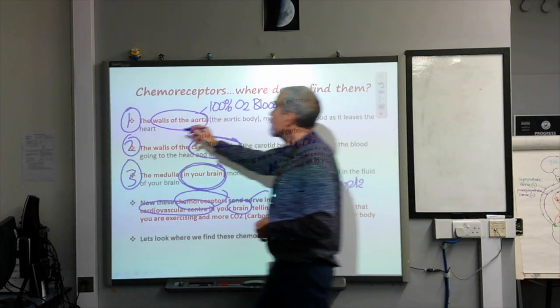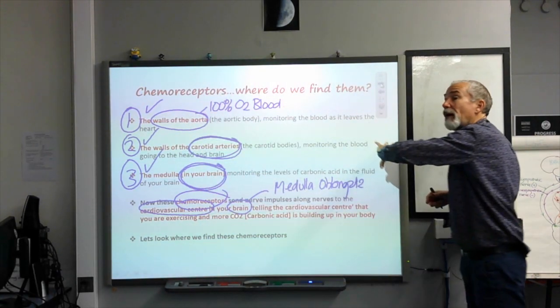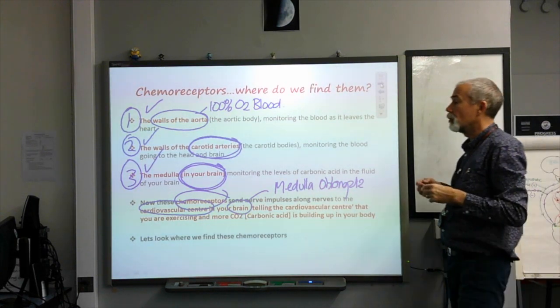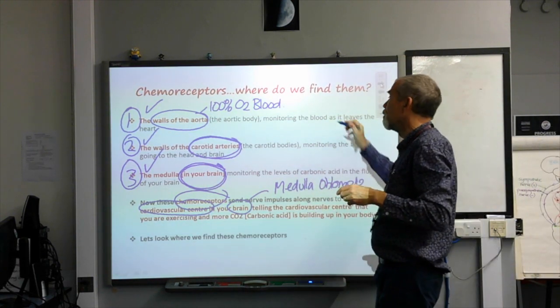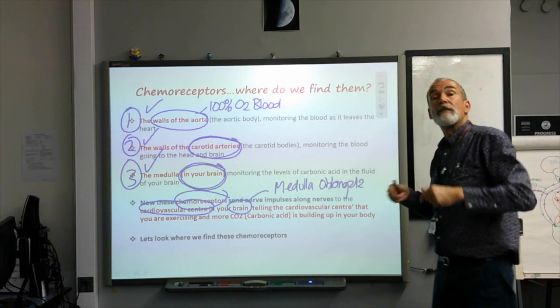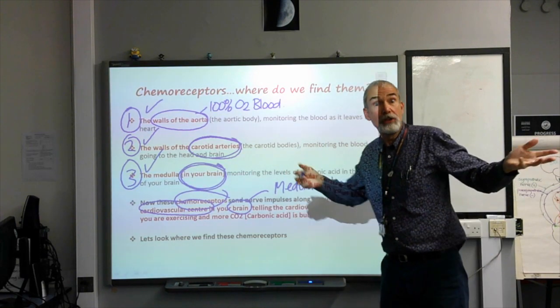So these receptors, 1, 2 and 3, will send information about the buildup of carbon dioxide all the way through to a cardiovascular control centre in your brain. Effectively, they are signalling that centre to say there are increased levels of carbonic acid building up. What do you want me to do about it?